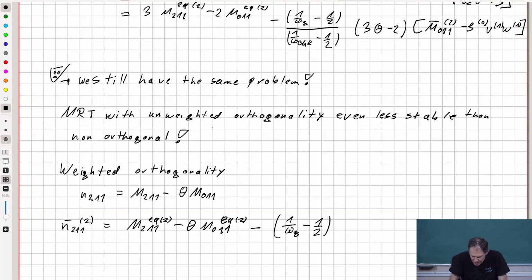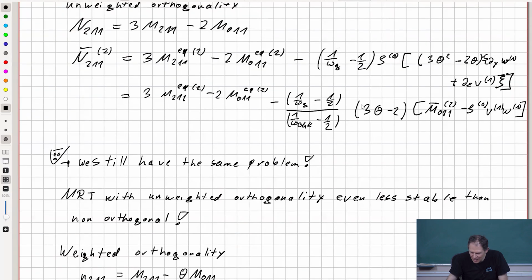So we are relaxing now this moment small n211. Now, how does this look like? This looks like theta squared rho 0. So this is the prefactor. And what we saw here before, so this has the prefactor theta in front.